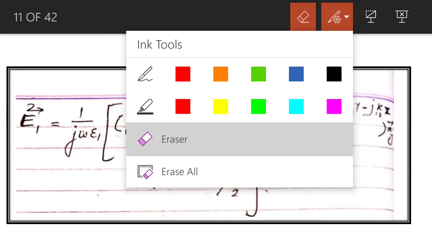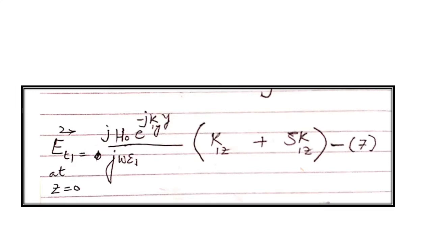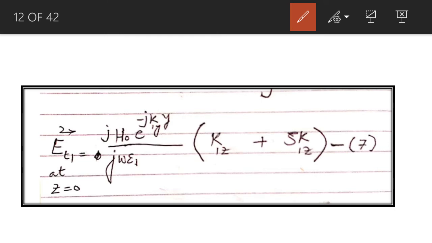We consider the equation of the electric field intensity in medium number 1, which is tangential to the interface. And what we do, we put z is equal to 0 in the tangential component of the electric field intensity as well.